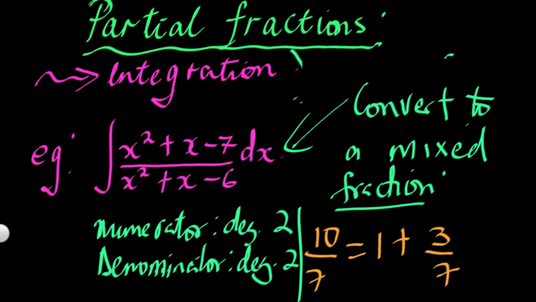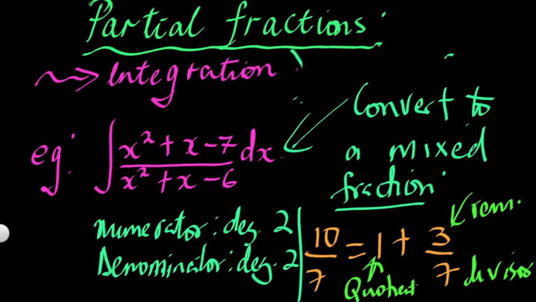If you see what I did here, this is the remainder, this is our divisor, and this 1 here is our quotient. We do the same with these algebraic fractions. We convert it into this format where you have a quotient plus remainder over divisor. Then this part here will always be a proper fraction, and that is what we do the partial fractions on.